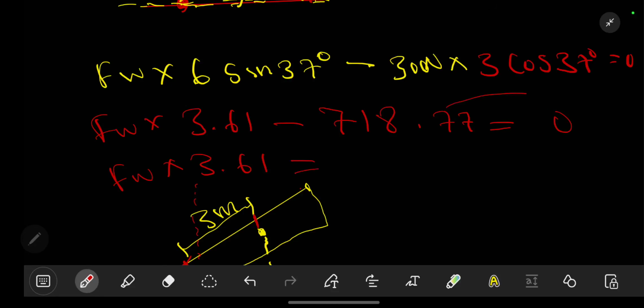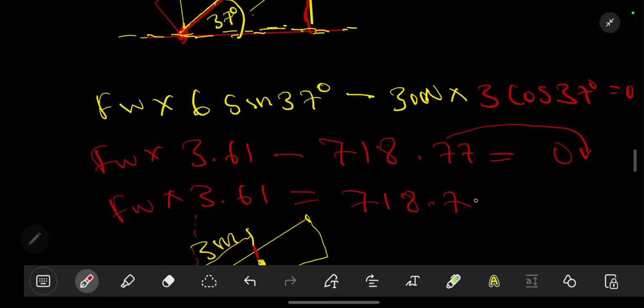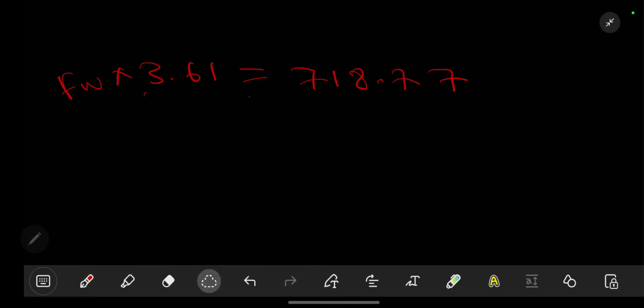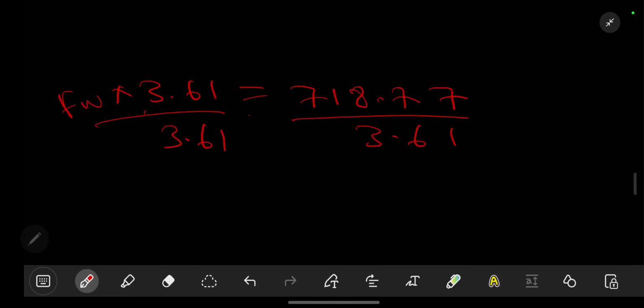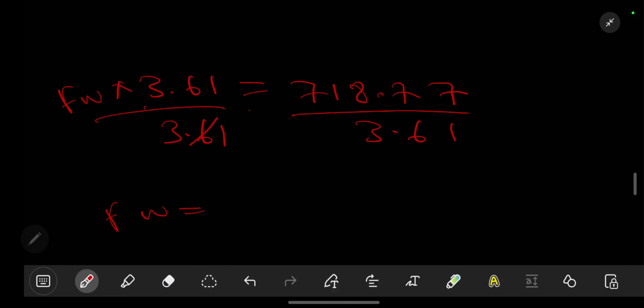Should be equal to, if this goes to the other side, 718.77, like that. So we divide by 3.61 on both sides. We are going to have our FW equal to, when we divide by 3.61, 199.12, like that. So this is our force, the Newton force, like that.